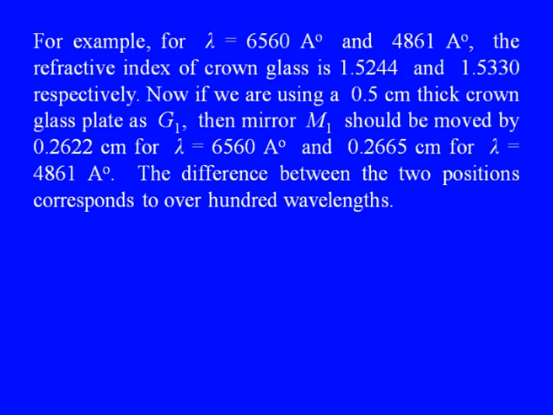Now, if we are using a 0.5 centimeter thick crown glass plate as the beam splitter G1, then the mirror M1 should be moved by 0.2622 centimeters for the wavelength 6560 angstroms, and it should be moved by 0.665 centimeters for wavelength 4861 angstroms.